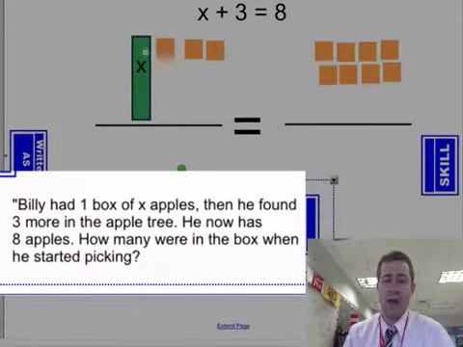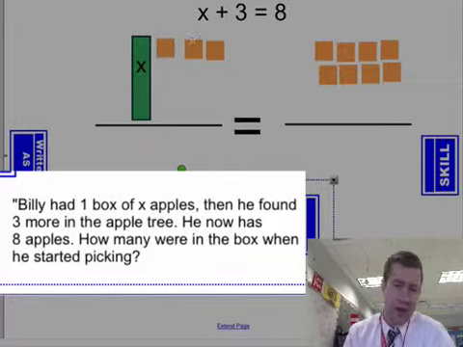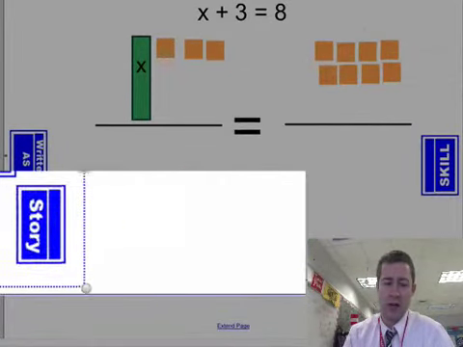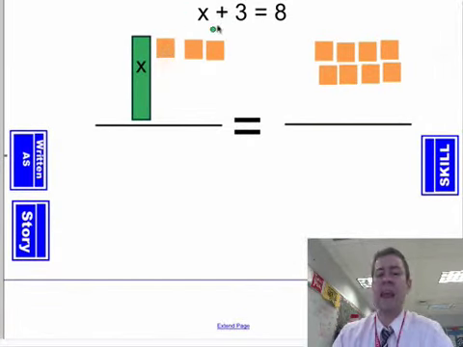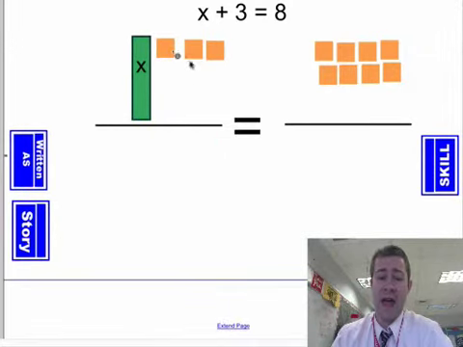How many were in the box when he started picking? So, we have 1 box and we have 3 more apples. That means we have 8 total apples. So, in order for me to get x by itself, I need to do the inverse. Our skill is to get x by itself so that we can figure out what x is. So if I'm adding 3 to x, I'm going to subtract 3.